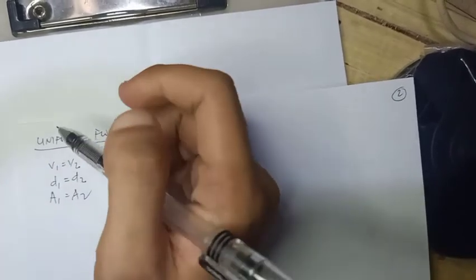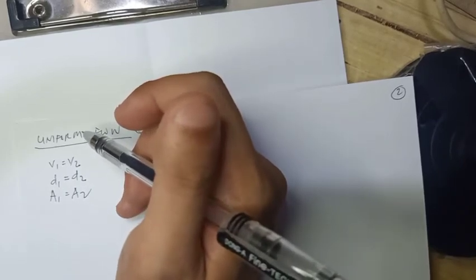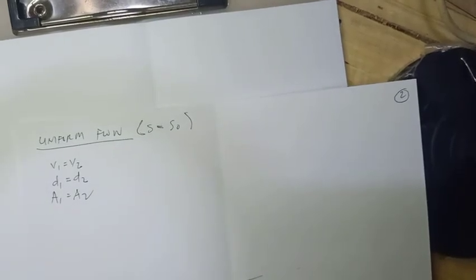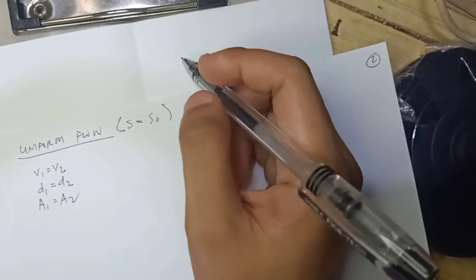For the flow to be uniform, the velocity, depth of flow, and the cross-sectional area of the flow at any point of the stream must be constant, that's why V sub 1 equals V sub 2, D sub 1 equals D sub 2, A sub 1 equals A sub 2. For this condition, the stream surface is parallel to the channel bed and the energy grade line, so there is no incline, and therefore the slope of the energy grade line, which is S, and S sub O are equal, the slope of the channel bed.